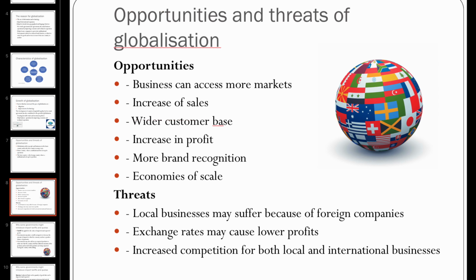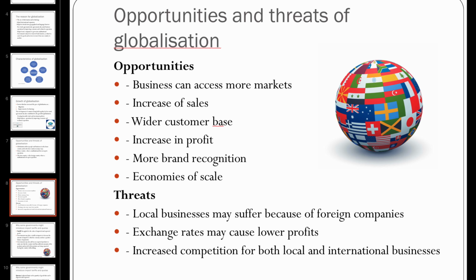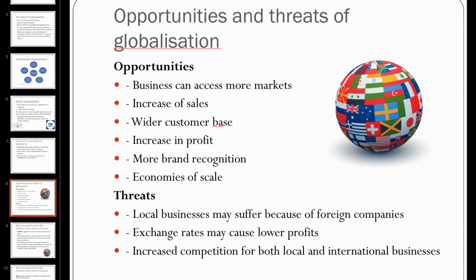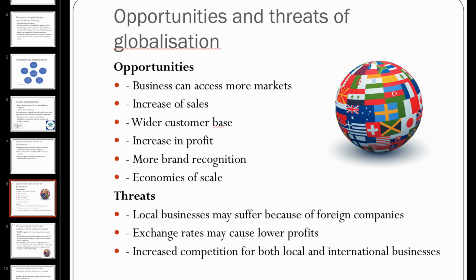Now let's look at the opportunities and threats of globalization. It's already in your textbook, page 329, table 26.1. Let's look at the first one. Business can access more markets, and of course this may lead to increase in sales and a wider customer base. It also increases profit, brand recognition, and economies of scale. At the same time, labor may be cheaper in host nations, so businesses can gain lower costs.